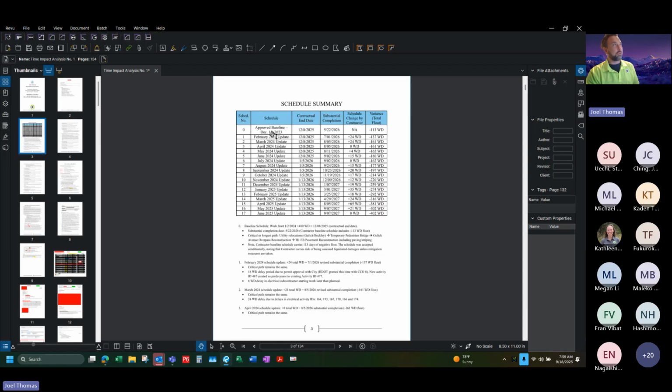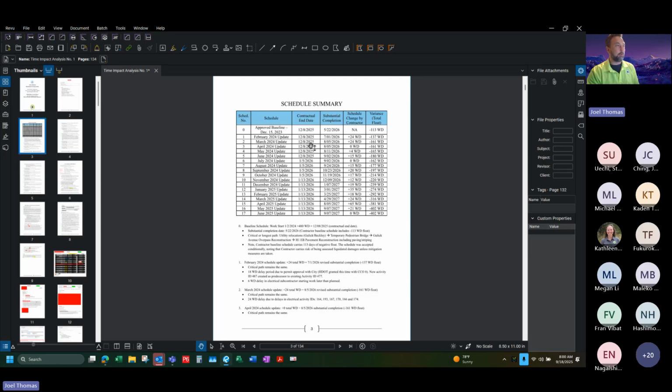Our actual work started 2 weeks later, on January 2nd, 2024. I would put a column for all of our schedule updates. Basically every month we would get an update on our schedule. And then I would put the contractual end date in there for each of those schedules.